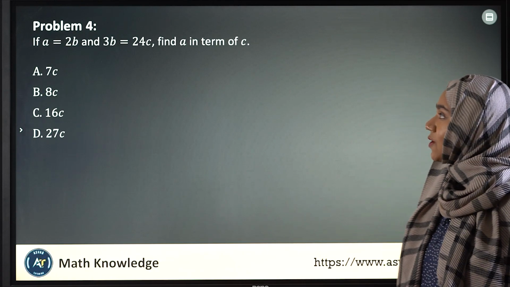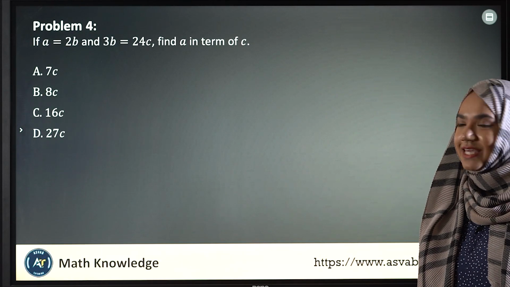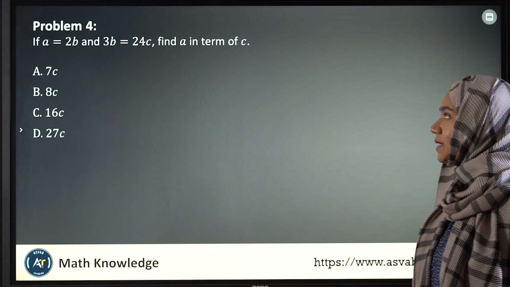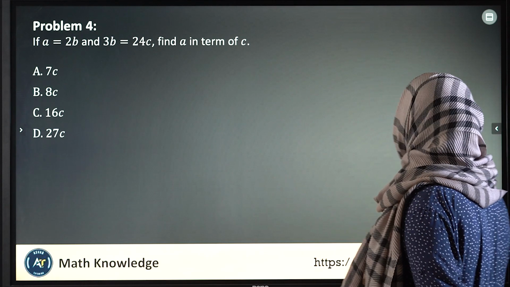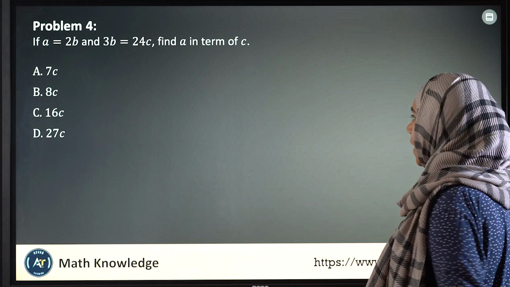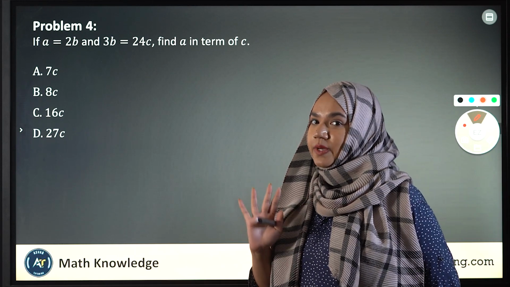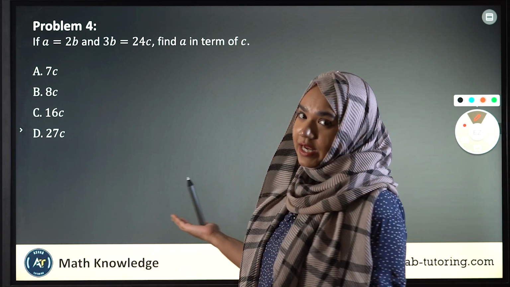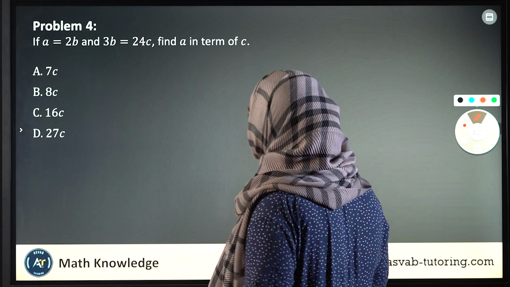Let's see. So for number 4, we have A equals 2B and 3B equals 24C. Find A in terms of C. All right, let's properly do it together, okay? We never know. It can also be some other option.